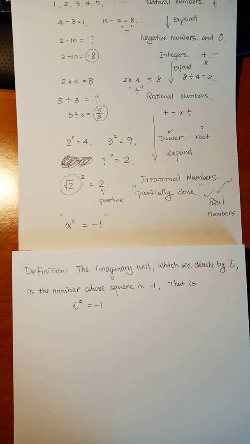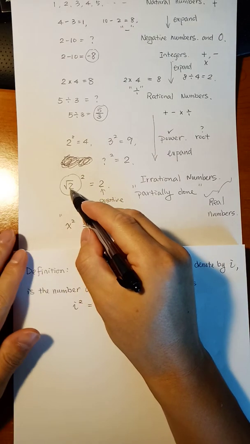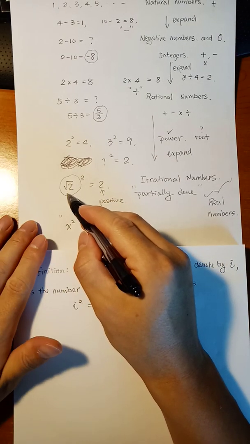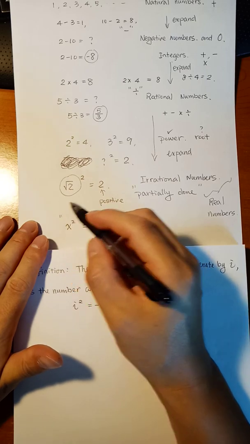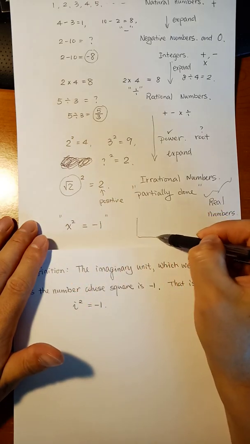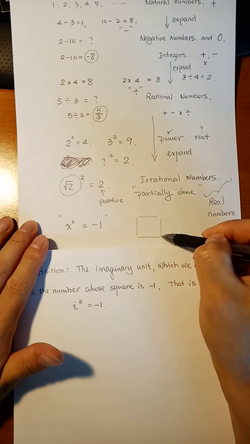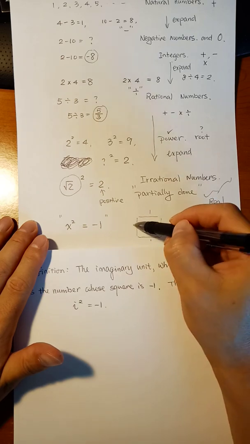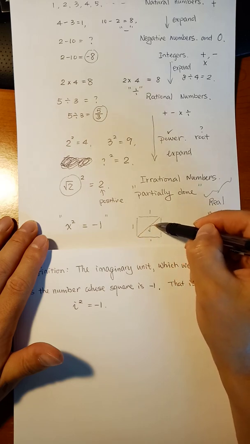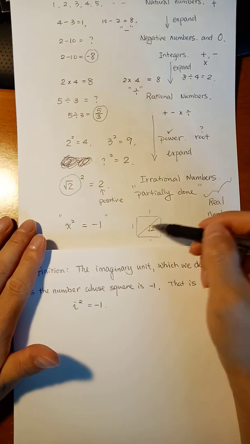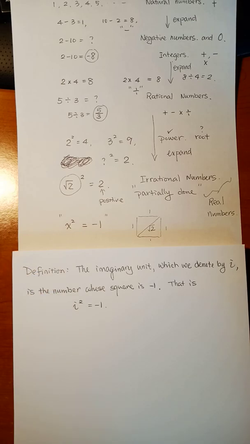Okay? By the way, how do we feel what is the square root of 2? It means if you have a square with length 1, then this diagonal is square root of 2. You can really have it, okay?